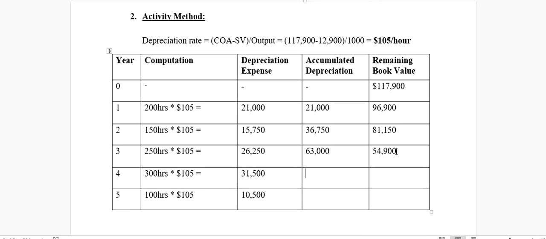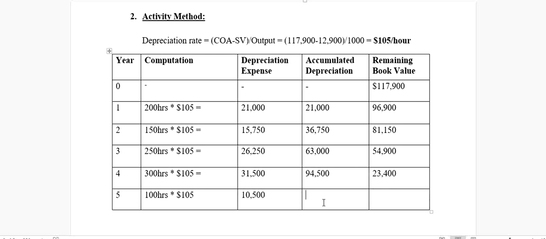Then for the fourth year, our accumulated depreciation will be $94,500 because we added $63,000 with $31,500. Our remaining book value would be $23,400 because we subtracted $31,500 from $54,900. Our last year accumulated depreciation will be the current year, which is $10,500, plus the total of the depreciation till the previous year.